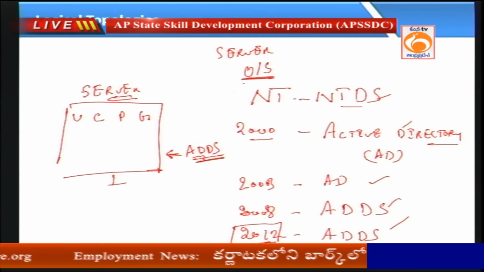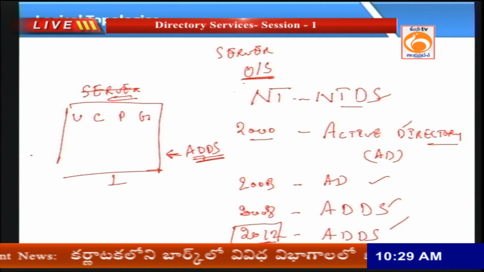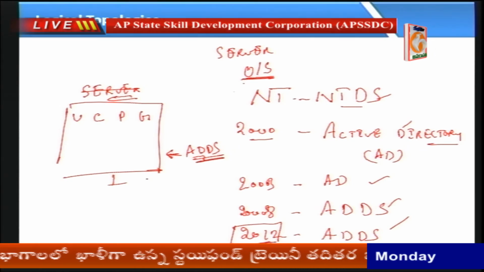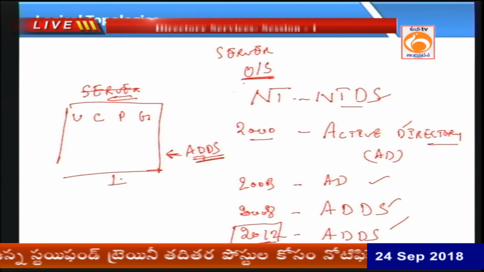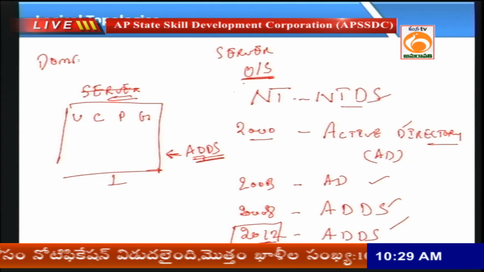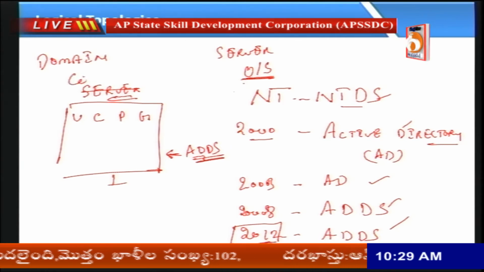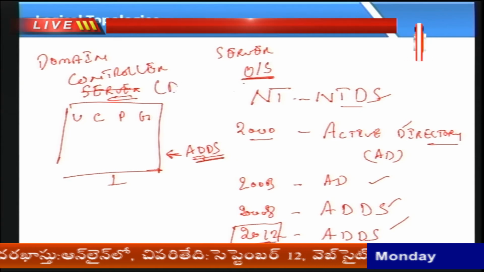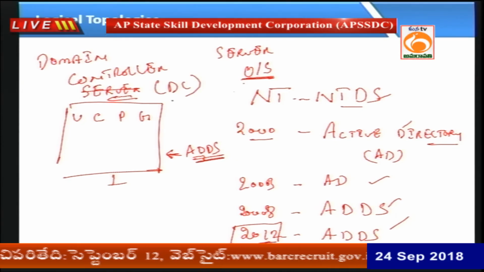It has a technical name. We do not just call it a server. The computer where these directory services, Active Directory Domain Services, are configured, that computer is technically called a domain controller. Shortcut, we will call it DC, domain controller.